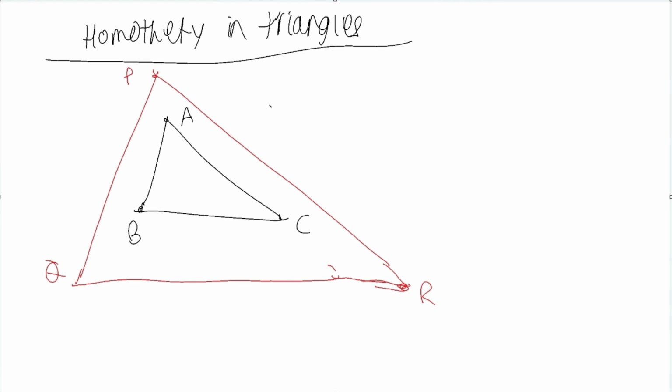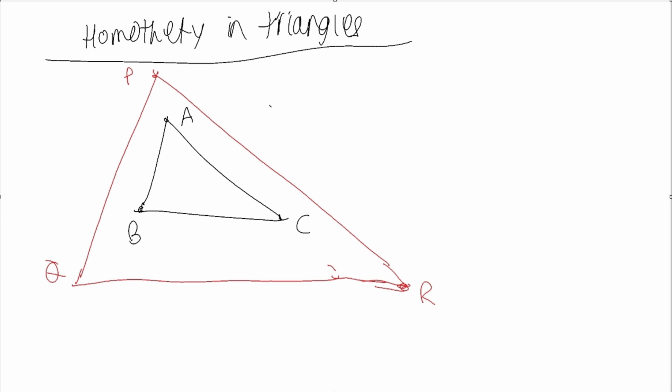Because when we have four-sided shapes, this is not true. For example, consider a square and then a rectangle surrounding it. The sides are parallel, and all the angles are equal, but there's not a homothety sending the square to a rectangle because they're not the same shape. But must the triangles be the same shape? As it turns out, this must be the case.